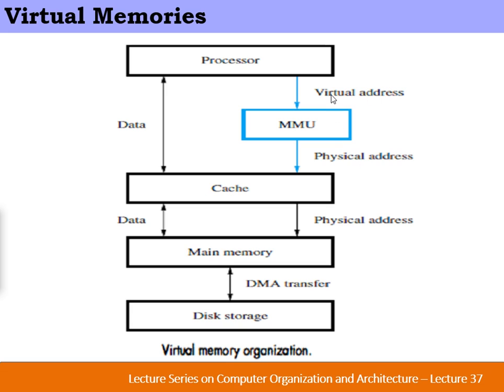The conversion is done by the MMU, where MMU stands for Memory Management Unit. It is a hardware component that is used to convert virtual address into a physical address. Once the conversion is done, it will check for the data or instruction availability in the cache memory or in the main memory.